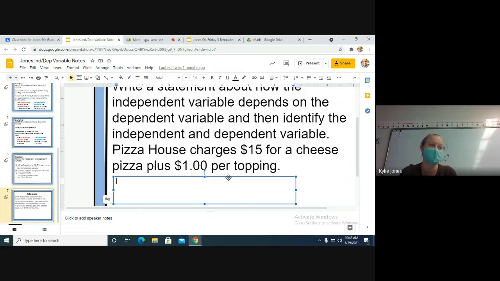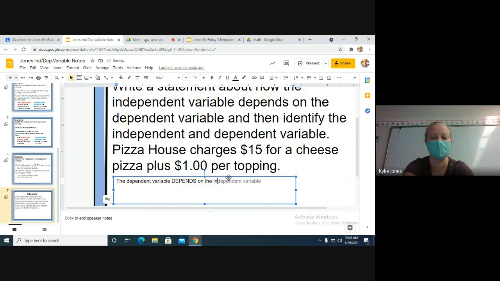Yes. Oh, wait, no. Or does the independent variable depend on the dependent? Backwards. The dependent variable depends on the independent variable. Because you can change the independent variable however much you want. And that means that your dependent one will change.